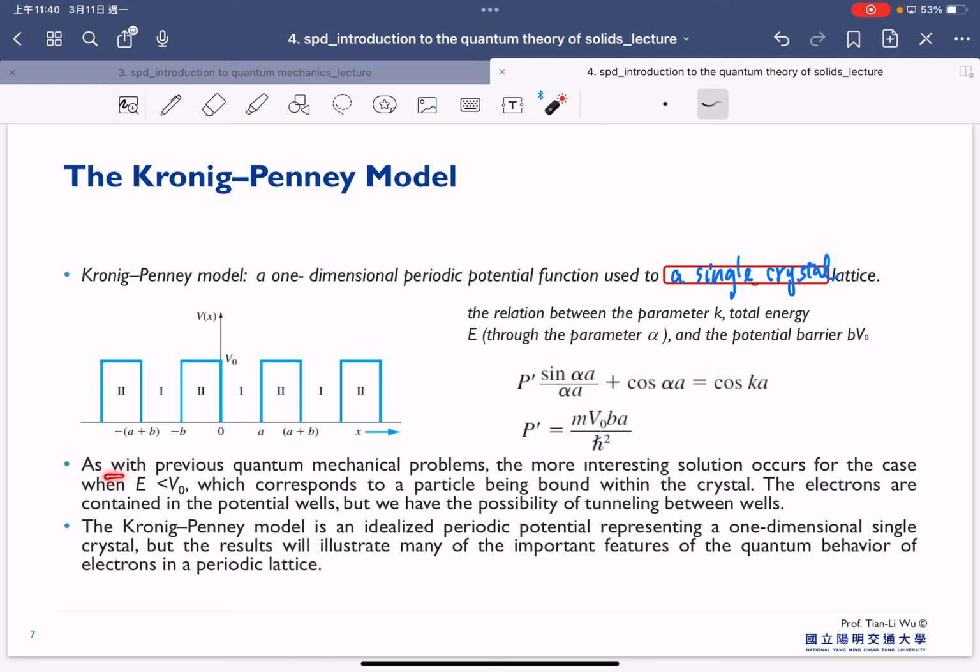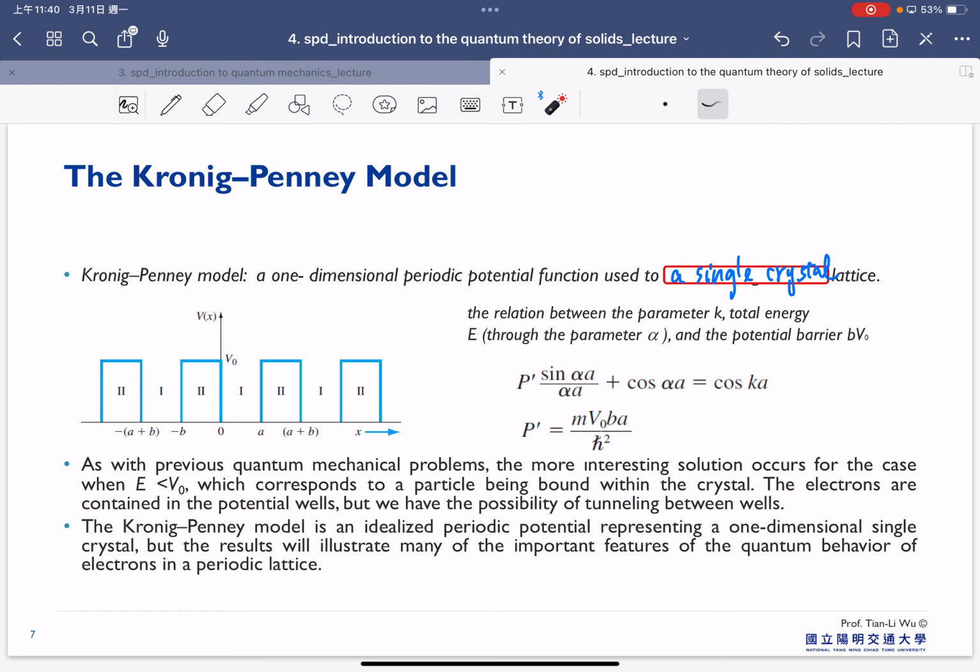As we saw previously from the quantum mechanics problem, the more interesting solution occurs when the energy level is smaller than the potential barrier, which corresponds to the particle being bound in the crystal. The electrons are contained in the potential well, but we have the possibility of tunneling between wells.